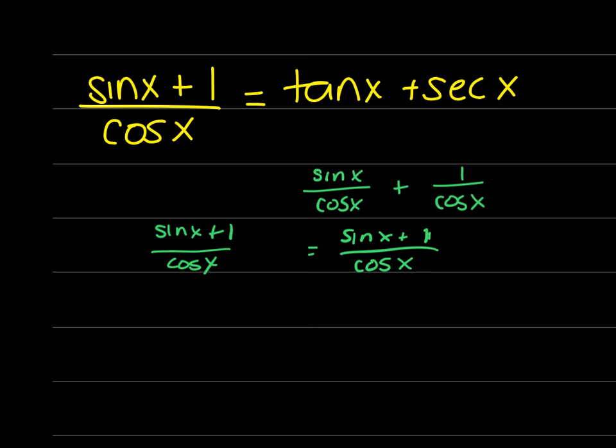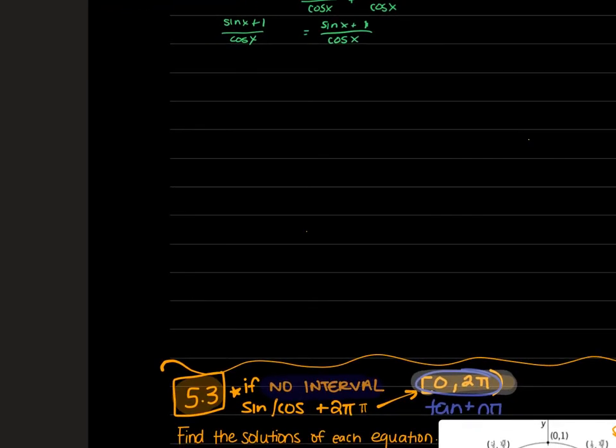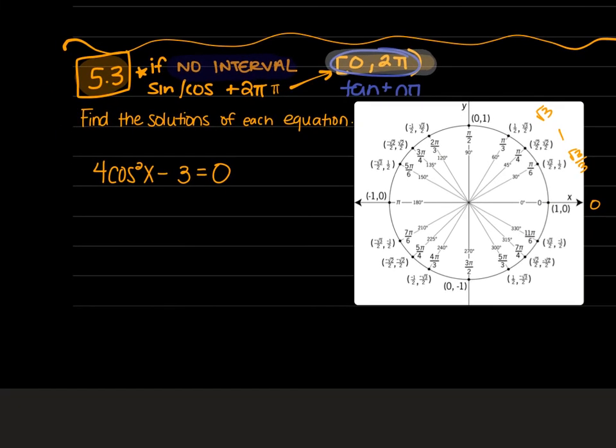Any questions on simplifying or verifying? Okay. Then came what we were talking about in 5.3. Remember, you need to know your unit circle, obviously. You don't need to fill the whole thing in. To be honest, I probably wouldn't. I would probably give myself my little pi over 6 is root 3 over 2 and 1/2. Pi over 4 is root 2 over 2 and root 2 over 2.